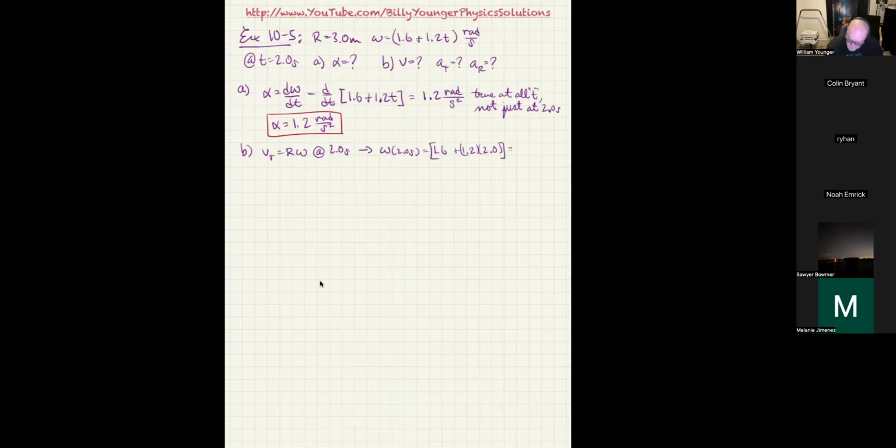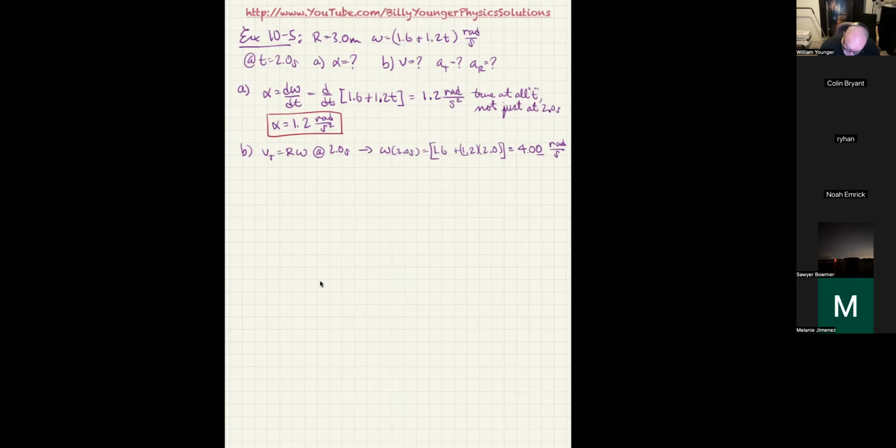And you can see 2 times 1.2 gives me 2.4. 2.4 plus 1.6 gives me 4.0. So that's going to be 4.00 radians per second, because that's the way the formula for omega was defined.